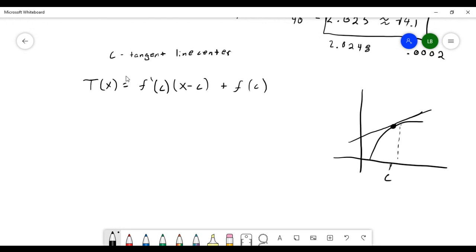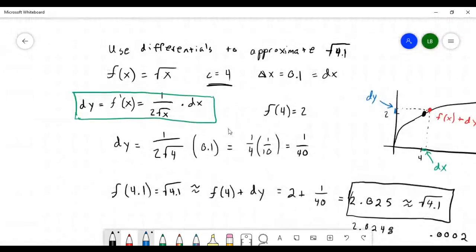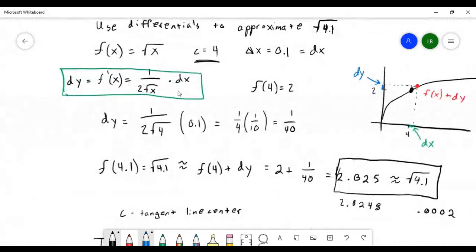Well, if we have an actual x value, like right here, then this x value minus the c value is going to give us this tiny distance from here to here. In other words, x minus c is our change in x. And this f prime of c is that same f prime of c we saw up here, right?